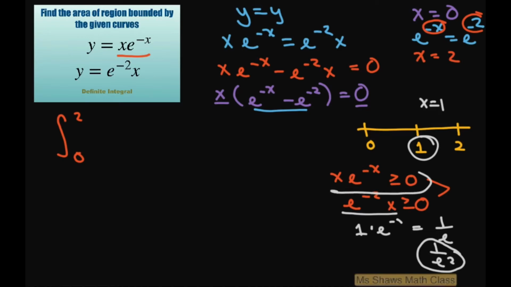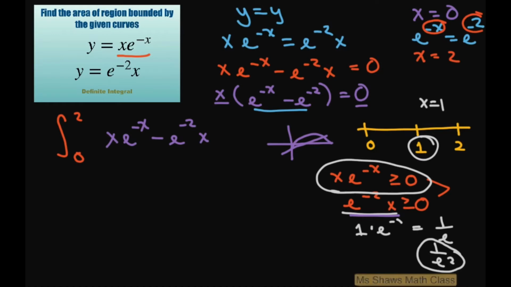This means the first one is larger, and I'm going to take x times e to the power of negative x and subtract the other one. If you graphed it, you would see that this one is the upper part of the curve. And then we'll do dx.